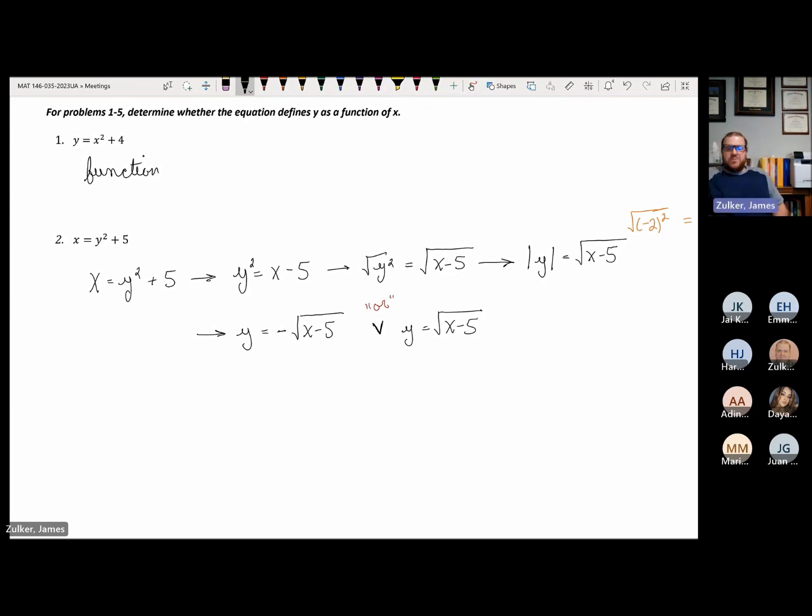What this means is it's not a function. Each value of x has 2 corresponding y values. So if we put in 8, we'd get negative root 3 or positive root 3. So this is not a function.